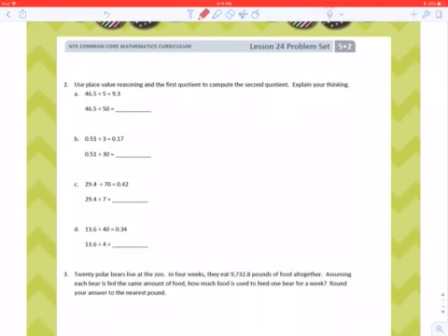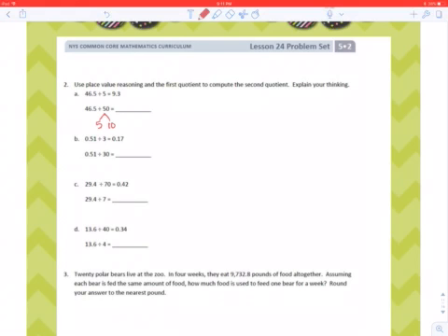Okay, then the second thing they want you to do is take a look at A and notice the difference in the second problem, which the only difference is the divisor is 50 instead of 5. So my answer here will have to be divided by 10.